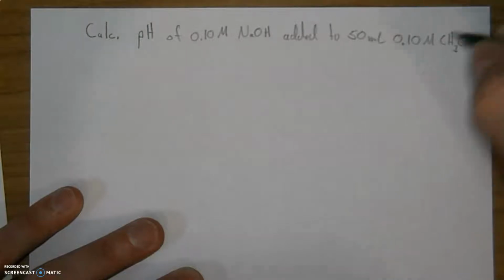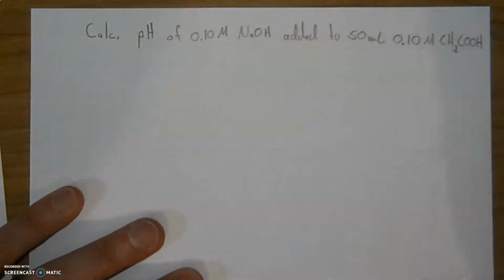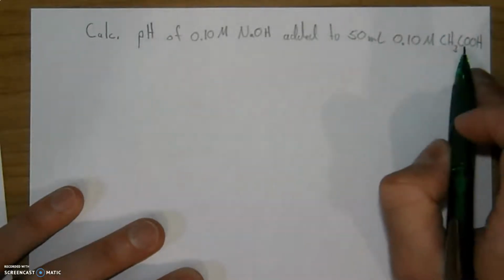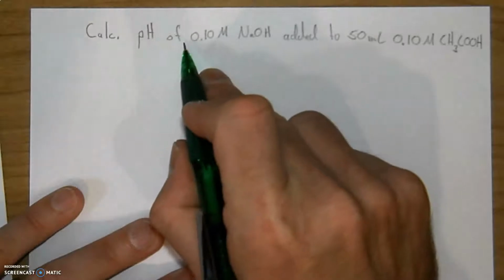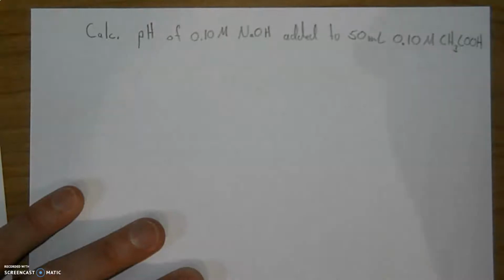So this is what's in the beaker, 50 mL of 0.1 molarity acetic acid. I know the volume and the molarity of this substance. I am slowly adding through the burette 0.1 molarity NaOH, some volume.